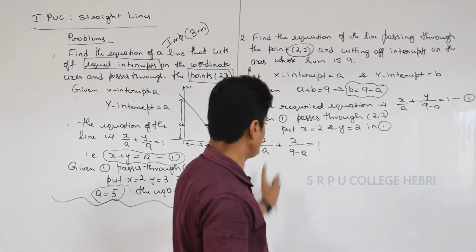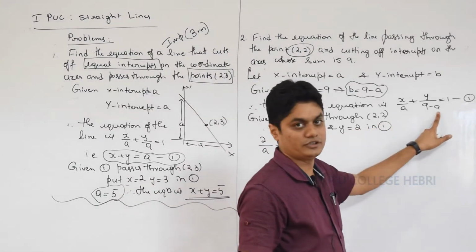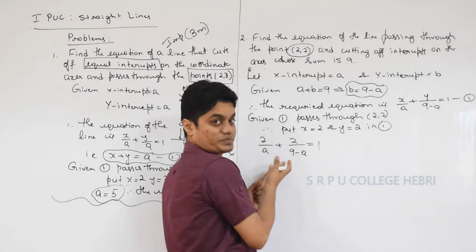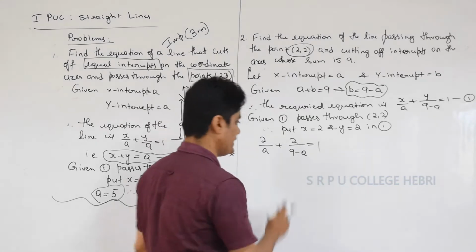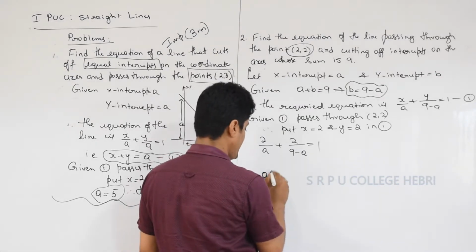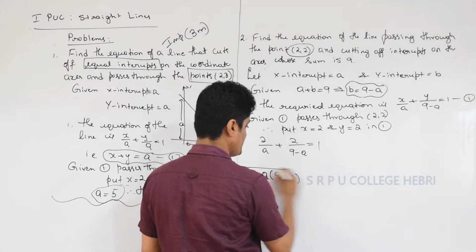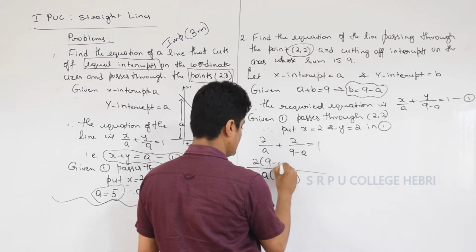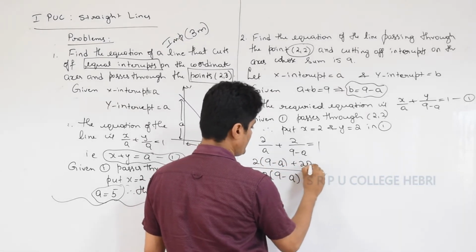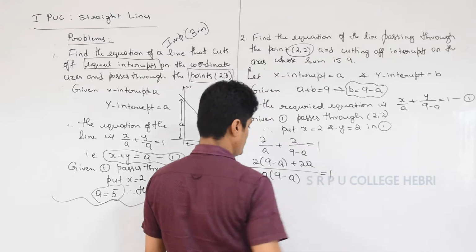So what is unknown in this equation? Only a is unknown, and very easily you can obtain a from this expression. Take LCM: a into (9 minus a) is the LCM. So 2 into (9 minus a) plus 2a, correct, equal to 1.